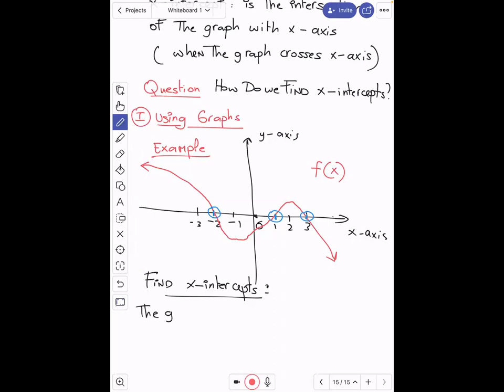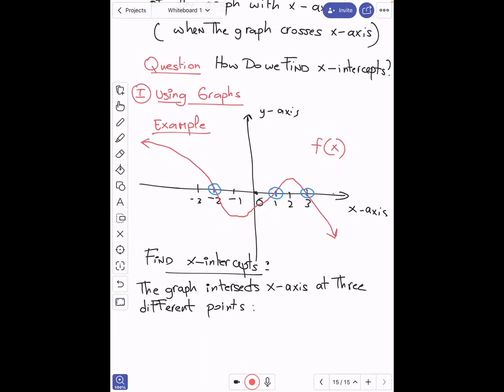So the graph intersects the x-axis at 3 different points, right? So these 3 different points, that will be my x-intercepts.